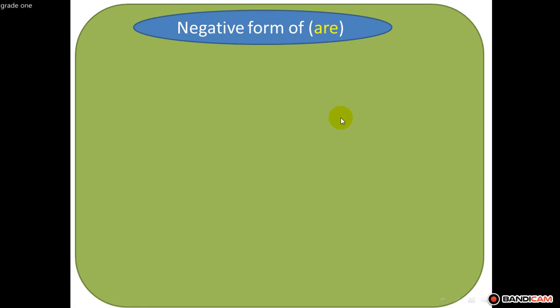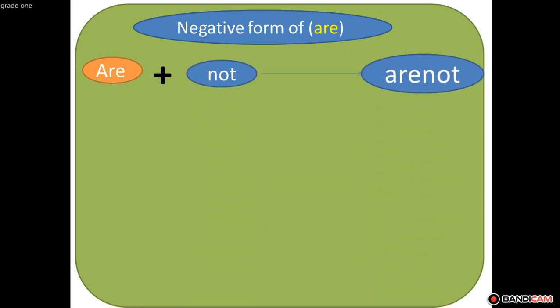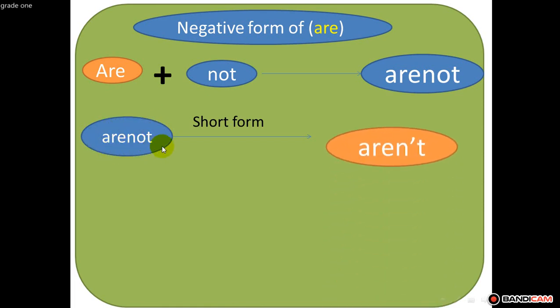Now let's talk about the negative form of are. Are plus not, are not. Are not is a long form. So what's the short form? The short form of are not is aren't.